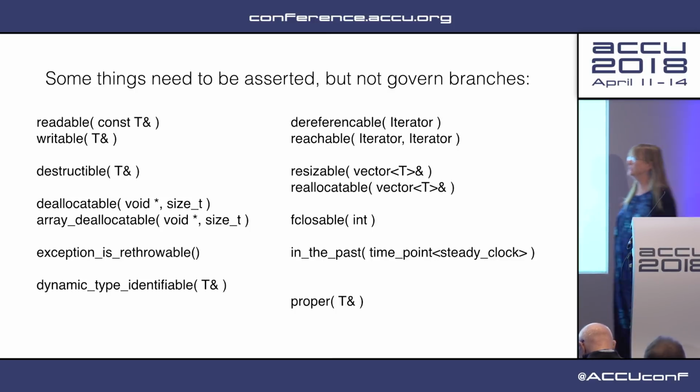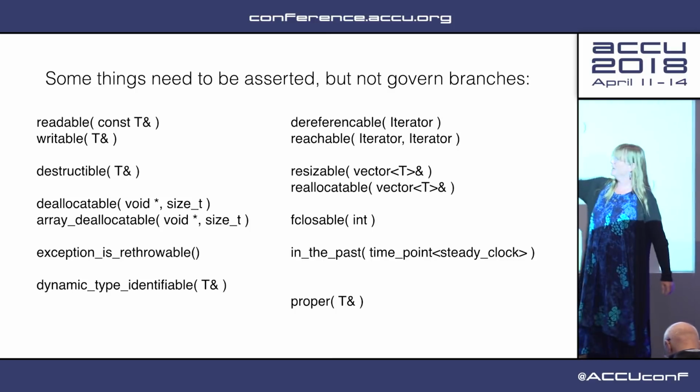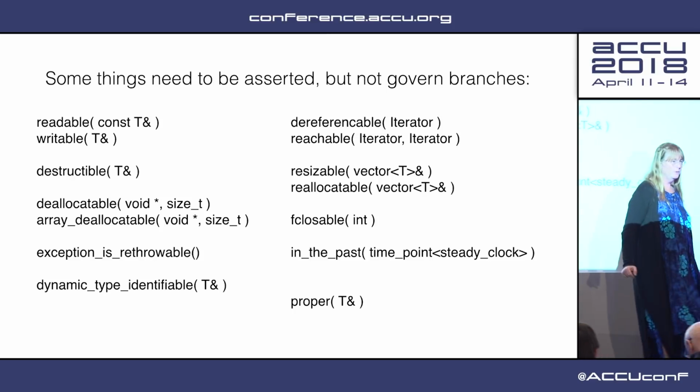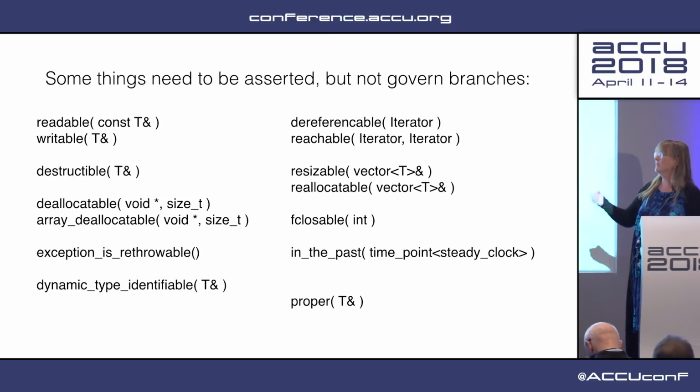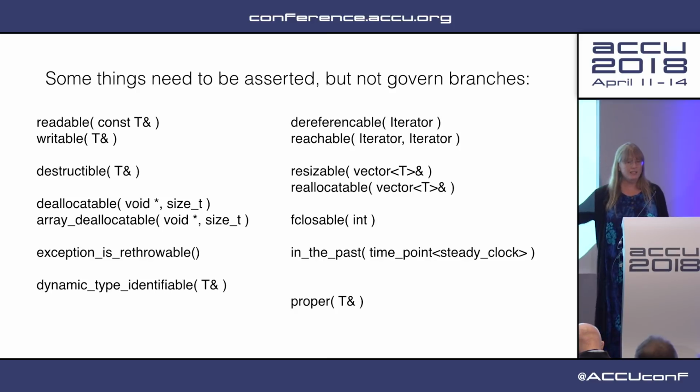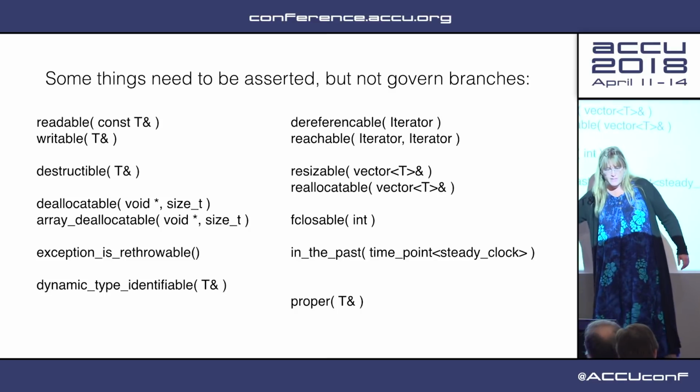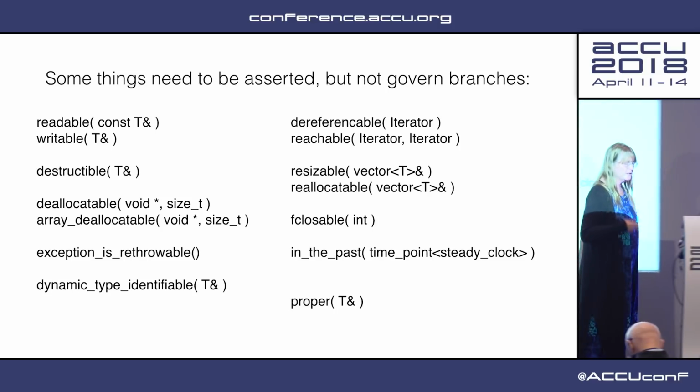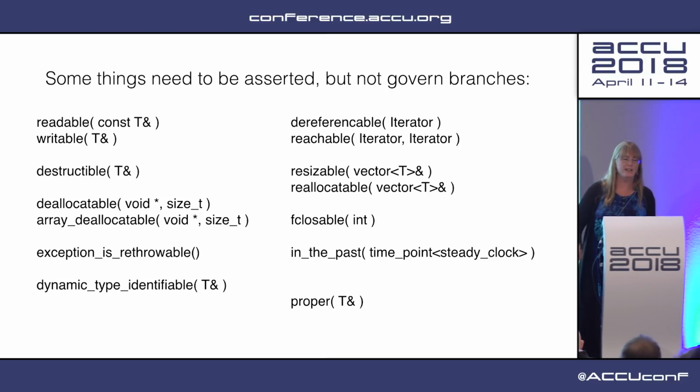We want to be able to say that something is readable or writable. We want to say that something is destructible, that its lifetime is not ended yet. We want to talk about memory that can be deallocated. And all of these on the left, things that we use as preconditions to core language ideas.